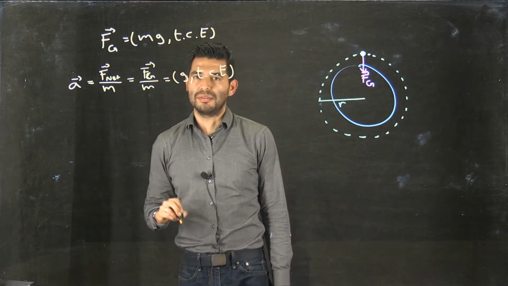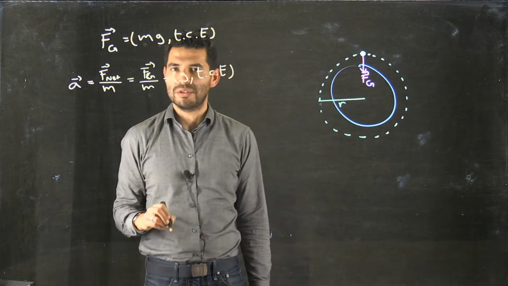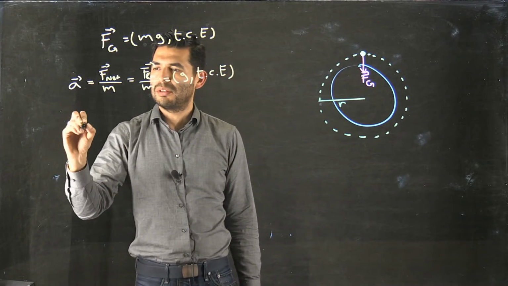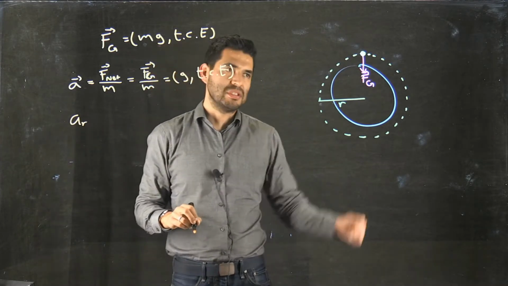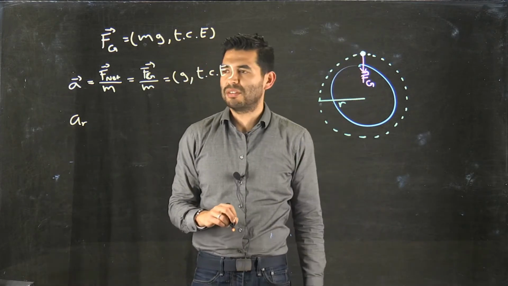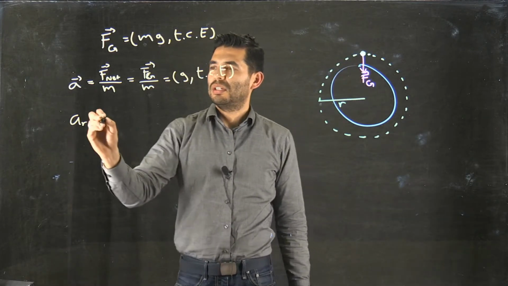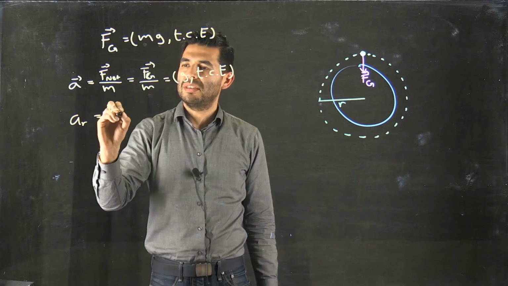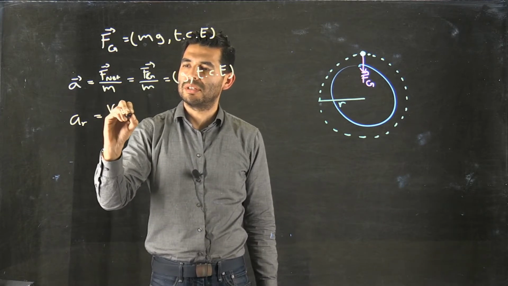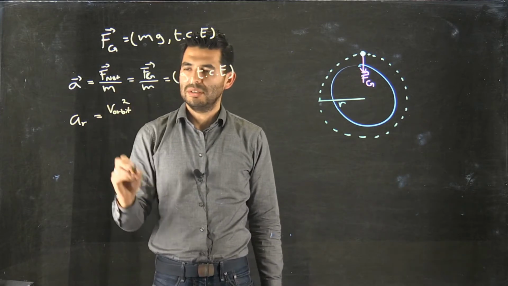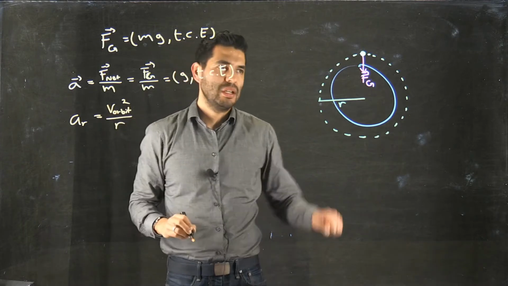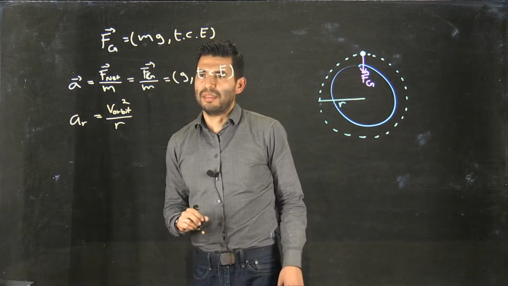From our knowledge of uniform circular motion, we know that the radial direction, which happens to be the one that goes towards the center of the circular path, is going to be the speed that I need to have in order to be in orbit squared divided by the radius of the path.